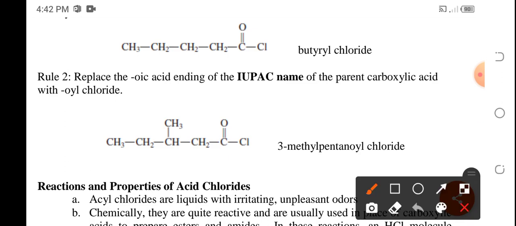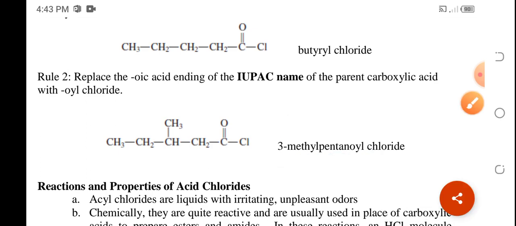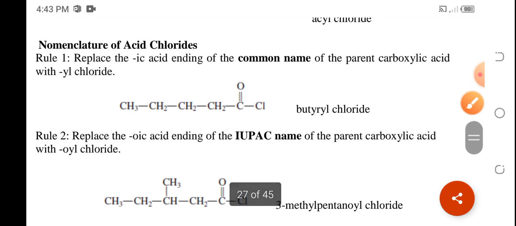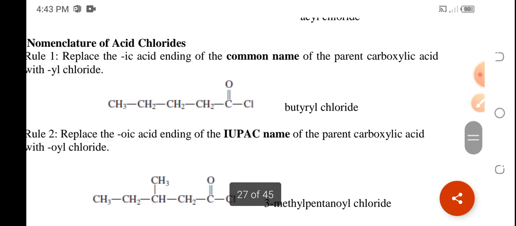Take note, there should be no space between the name of the substituent and the name of the parent chain, and dashes will still be used to separate words from numbers. However, the chloride will become a second word, such that there should be a space between the chloride and the name of the substituent and parent chain. So I will repeat: if that is a common name, you drop the IC acid and add YL plus the word chloride.